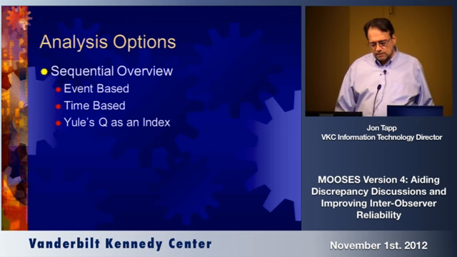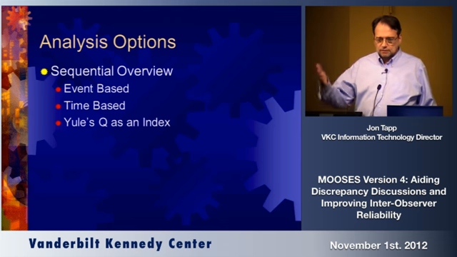It was originally thought up by Bakeman and Gottman to do couples research. When he says something, she says something. When he says something, she says something. The event sequential was based on that, and it was really good for that because it was always turn taking. There was usually he said, she said, he said, she said.